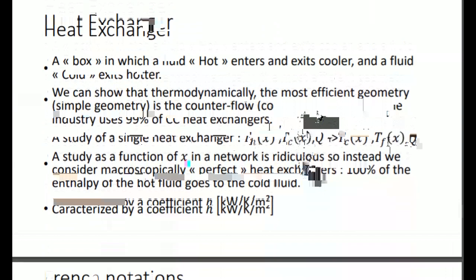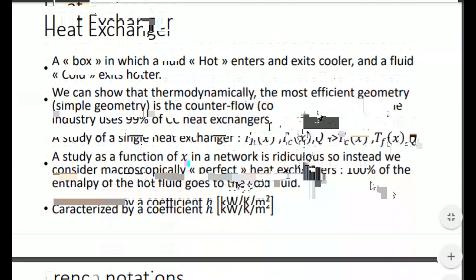So one can recognize energy per degree, which is the heat capacity, per unit of surface. So if h is high, it means that the exchange is high for a certain surface, and if h is low, it means that the exchange is low for a certain surface.